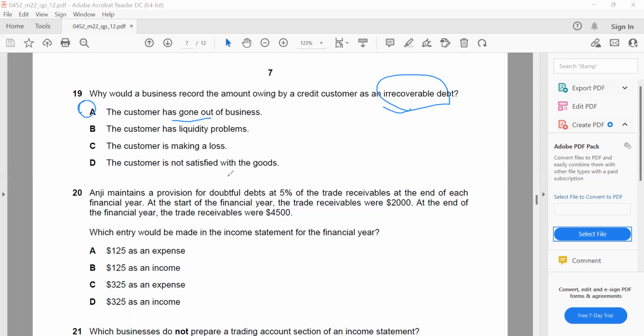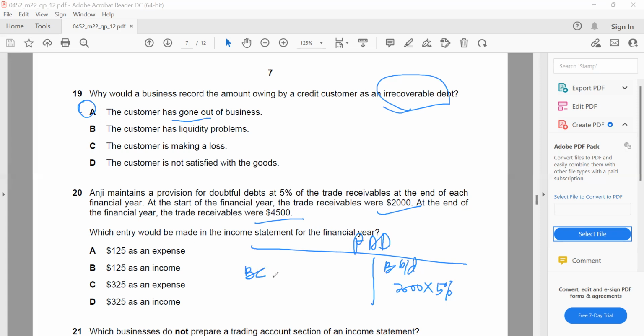Angie maintained a provision for doubtful debts of 5% of the trade receivables at the end of each financial year. At the start of the financial year, the trade receivables were 2,000. At the end of the financial year, the trade receivables were 4,500. What would be the amount going to the income statement? So first of all, open the provision for doubtful debts. For the balance brought down, we take 2,000 times 5%, which is 100.